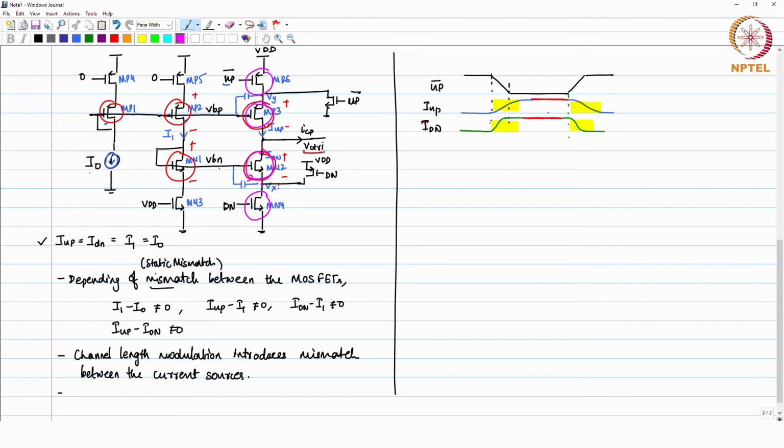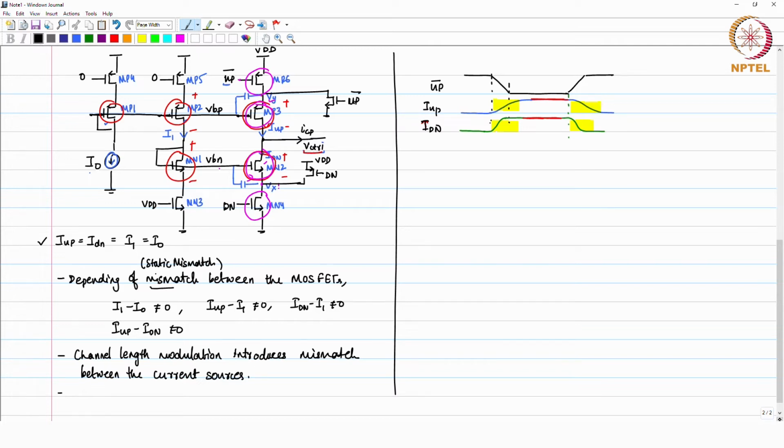Why does it not respond in the same way? Because PMOS mobility is different, the parasitic capacitors are different, how much time it will take for the up bar node to go from 1 to 0, and then how much time it is going to take for the gate to go from 0 to VDD and get this current source activated. These timings are going to be different from your timings for the NMOS. So, there is going to be a mismatch here. That is another mismatch which you will see in these current sources.